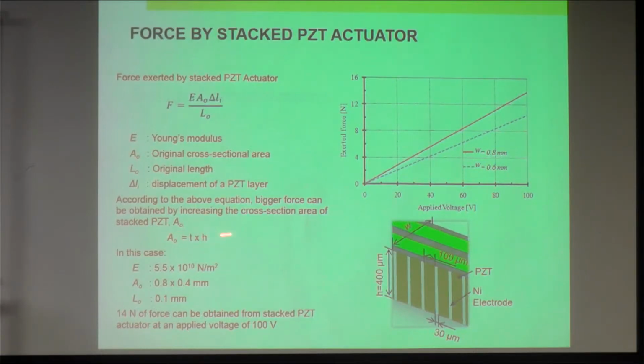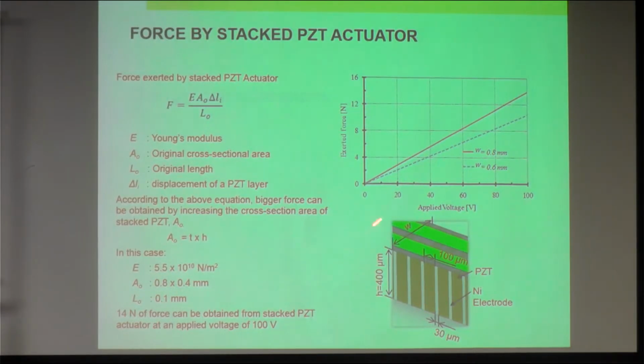And for this design, we have A naught equals T times H, where H is the thickness, 400 micrometer, and the width is about, I think, 400 micrometer as well. 8 micrometer. Okay, and L1 is 0.1.